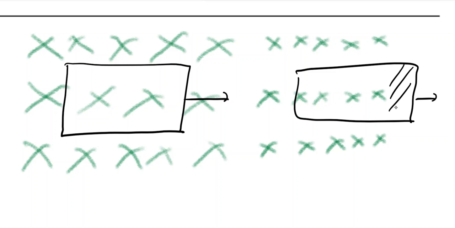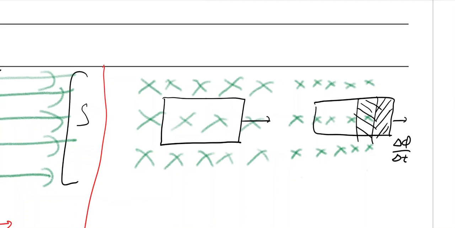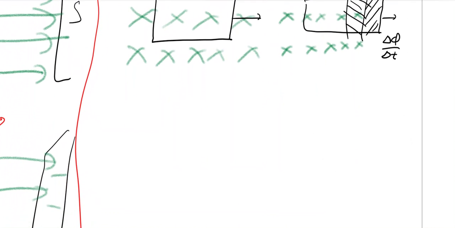Say this much part has gone out, so there is some change in flux. After some moment, you will have a bit more part going out, but the rate at which this area is going out will remain constant. So delta phi by delta t will be constant, and hence induced EMF will be constant, provided that velocity is uniform.